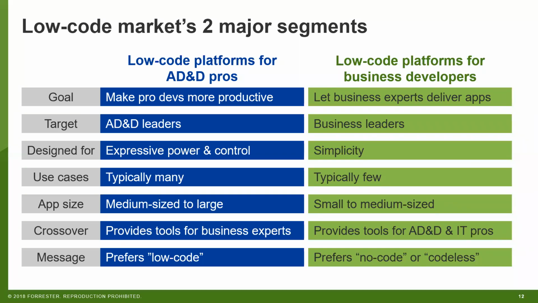Now, I mentioned citizen developers earlier, and this is an important dimension of this market. The data that I've been sharing with you so far was drawn from our developer survey. These are professional developers. They identify as professional developers. That's how they make their living.